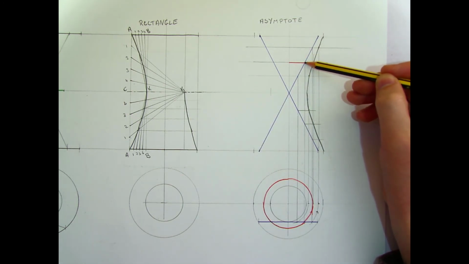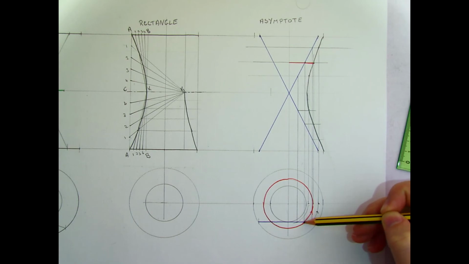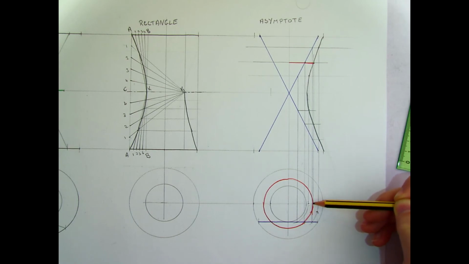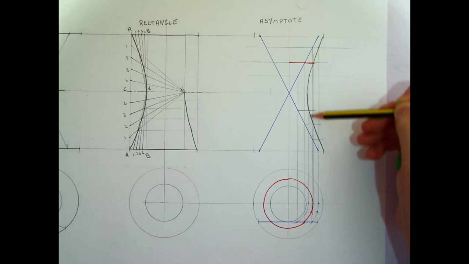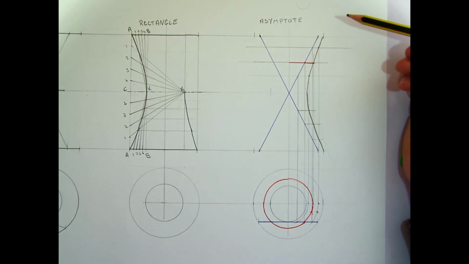I find where they cut the asymptote in plan, so I follow my line down, I cut it, and it cuts it here. I draw in, rotate it around until it's horizontal, so that gives me this point, and project that back up until it intersects the horizontal cutting plane, giving me the points there.